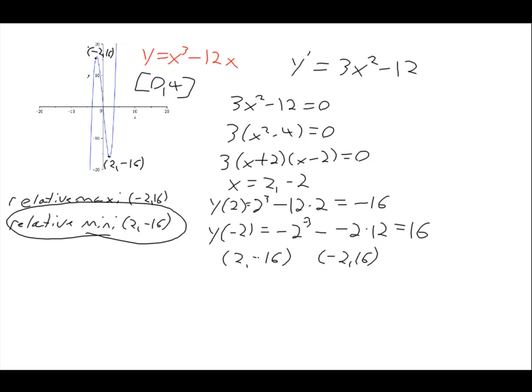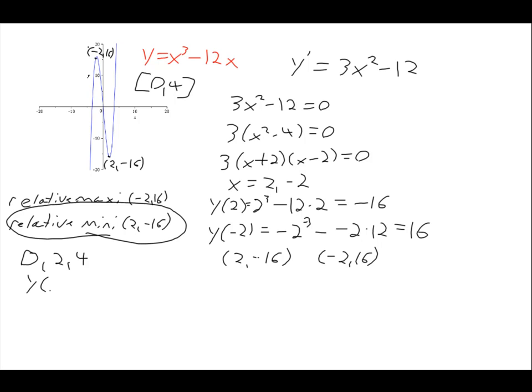But you also have to include the endpoints, because endpoints could potentially be an absolute extrema. It could be the point that's farthest up or farthest down on a restricted interval. So you have to test those. So if we test 0, 2, and 4 on that interval, see what our mins and our maxes are, those will be the absolute extremas on the interval.